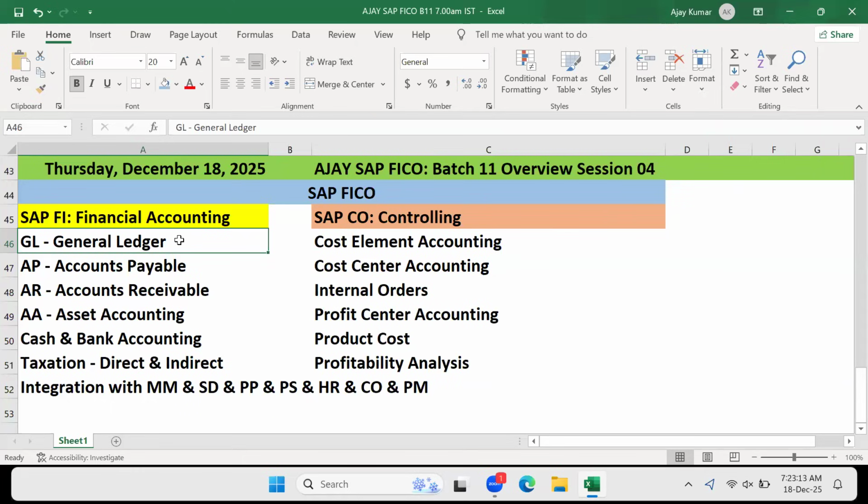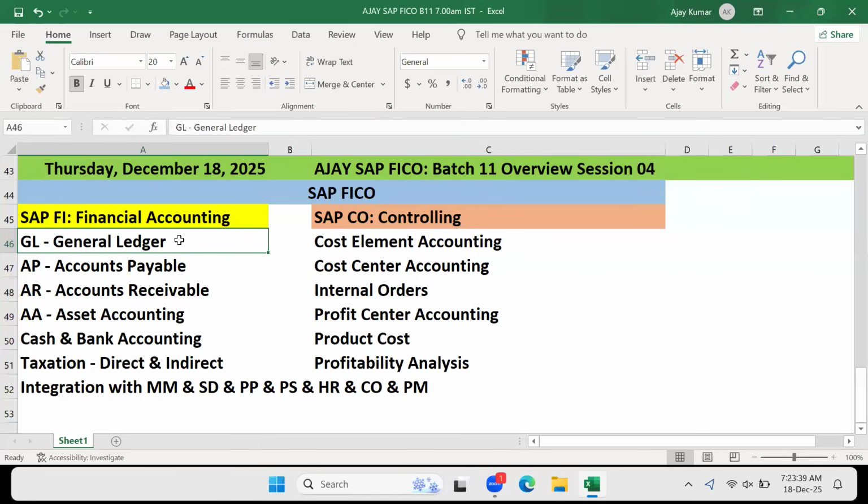Every account is part of your GL, because GL is all about the main ledger. Now, the moment you talk about GL or main ledger, immediately you need to talk about financial statements. If you talk about financial statements, what do you get from them? There are three key points from a financial statement.